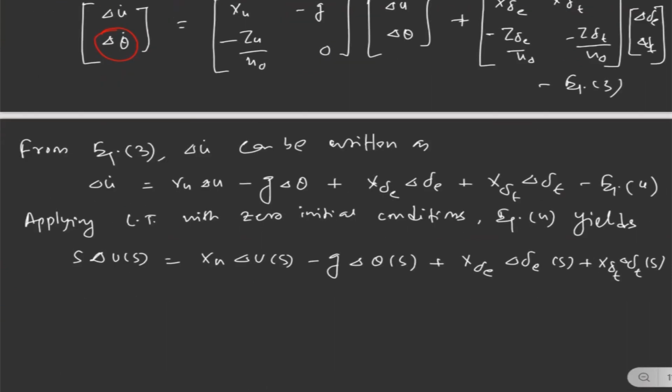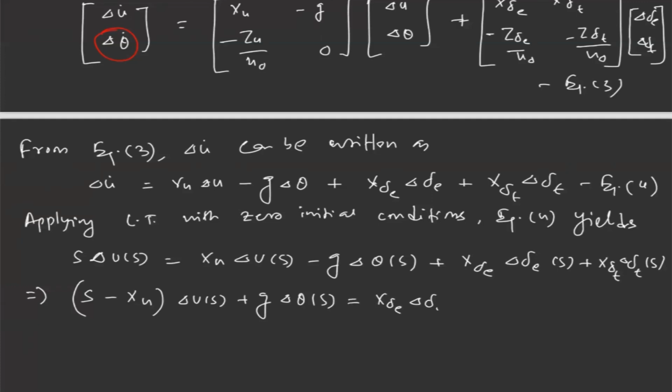And now from this equation, we can further write (S minus X_U) delta U(S) plus Z delta theta(S) equal to X_delta_E capital delta_E(S) plus X_delta_T delta_T(S).